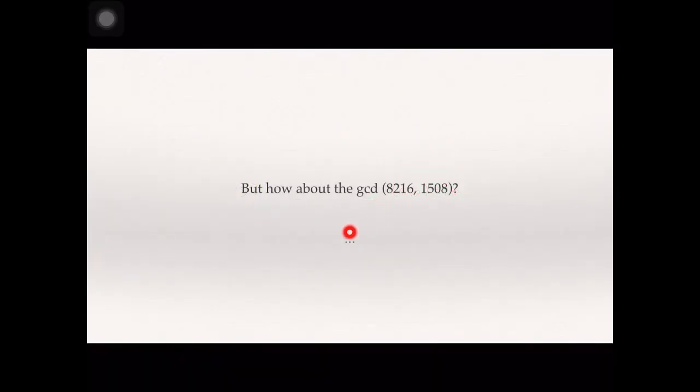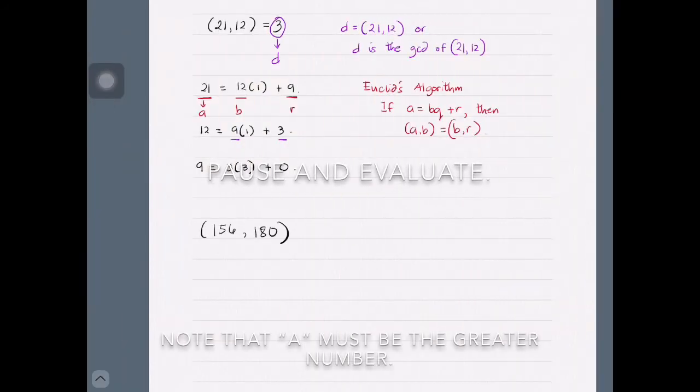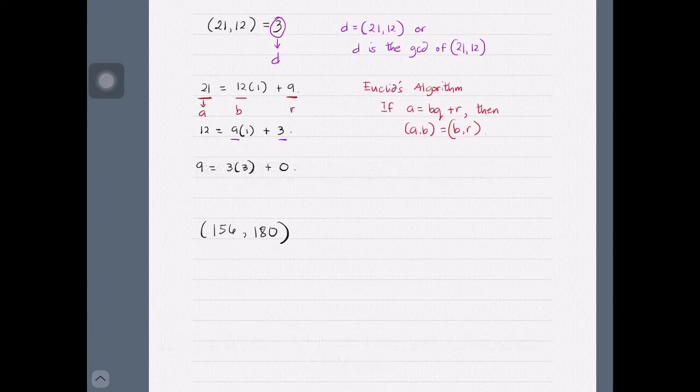Before we finally answer larger numbers here, please try answering one last time this pair of numbers. As noted, a must be the greater number, so in this case, 180 would be our a, and so 180 should be written in terms of 156.